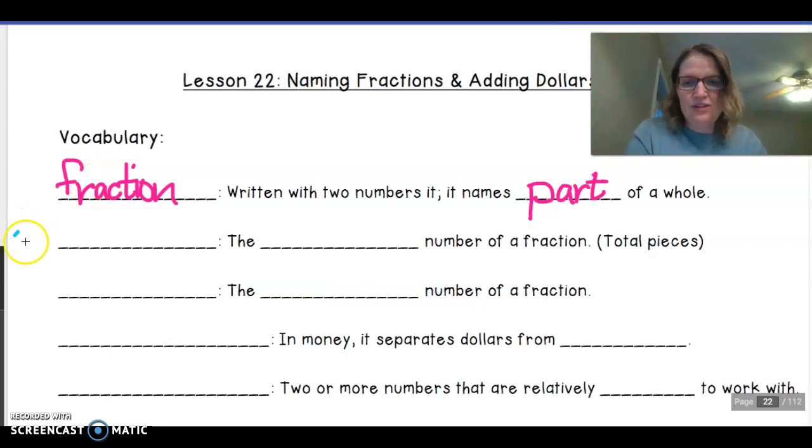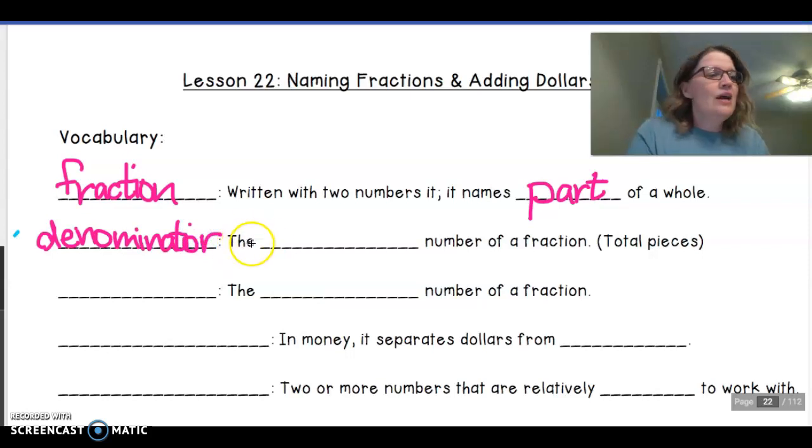The other thing that you need to know in fractions is that the denominator, I know I'm gonna write this, is the bottom number of a fraction.